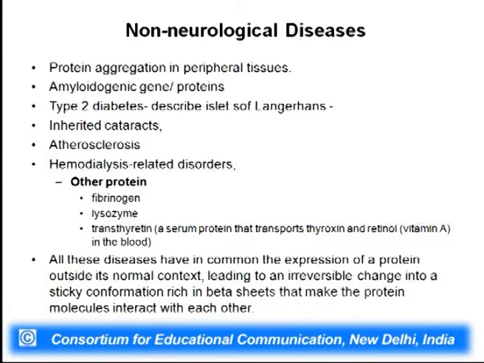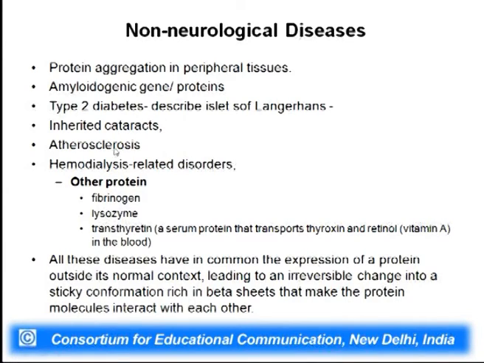Some of the non-neurological aspects of protein aggregation and diseases can be seen in the peripheral tissue. There is going to be accumulation of an amyloidogenic gene product, and some type 2 diabetes is even now described as having protein misfolding and aggregation as the basis of adult onset diabetes.